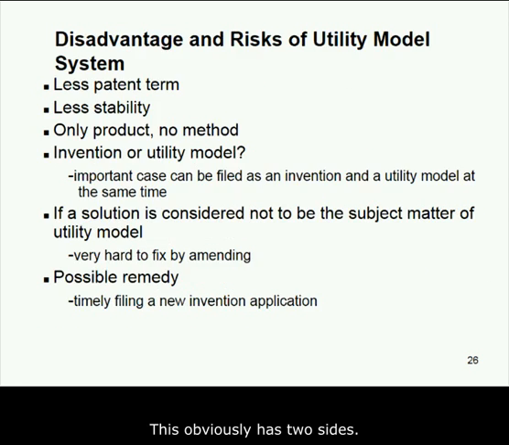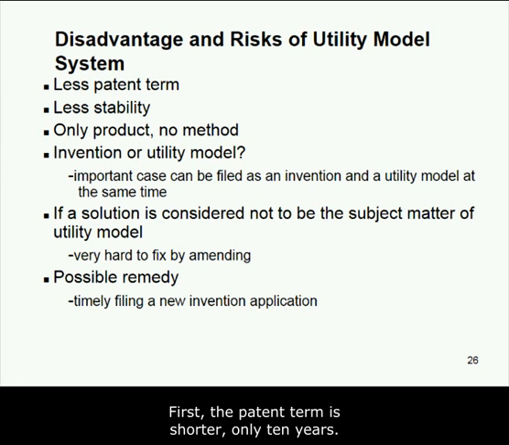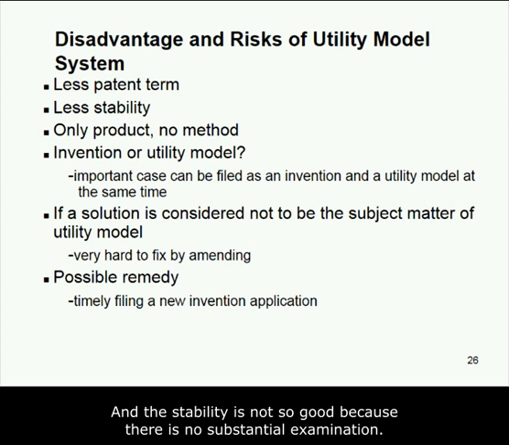But everything has two sides. There are also some disadvantages or risks of utility model in China. First, the patent term is shorter, only 10 years, and the stability is not so good because there is no substantial examination.